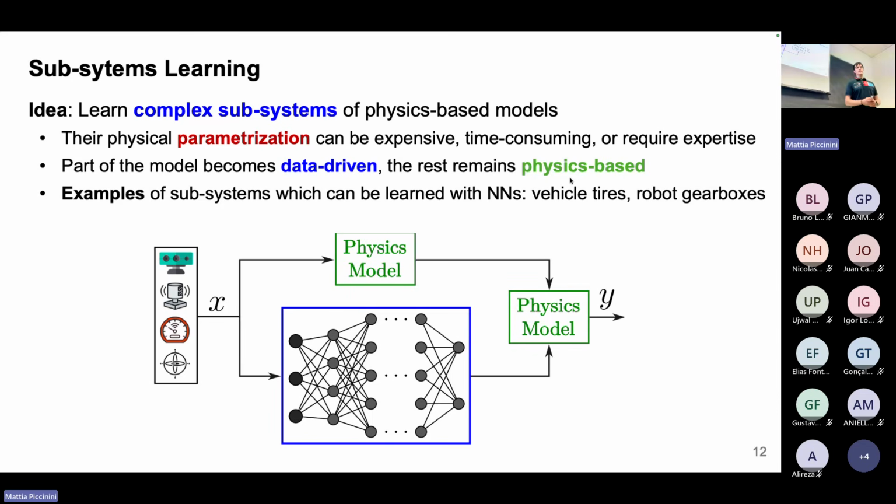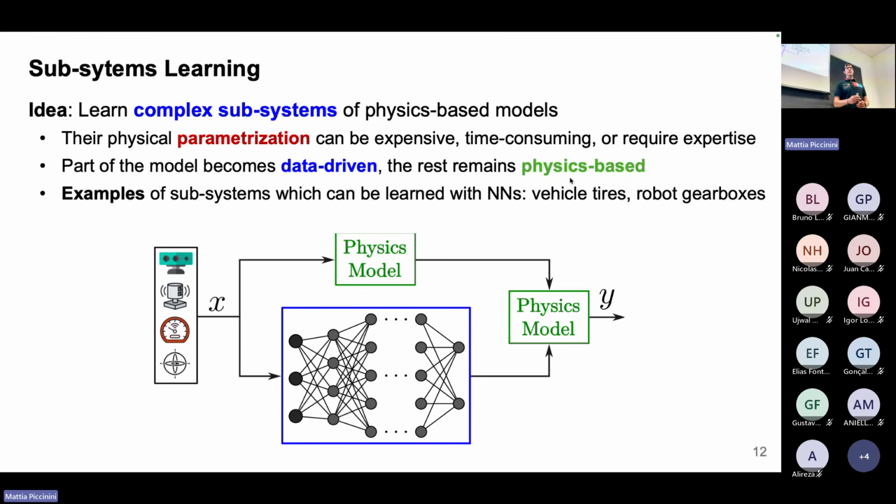We often have gearboxes like harmonic drives or epicyclic gearboxes, and modeling them analytically can be challenging because we always have a backlash, we always have friction, fluids inside. So yeah, this is also a nice example of complex subsystems.